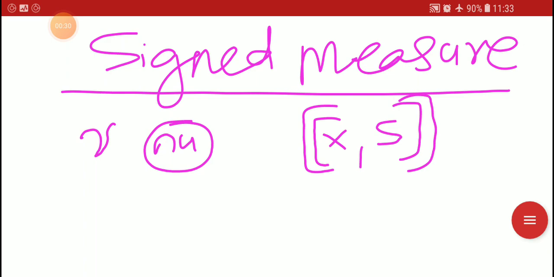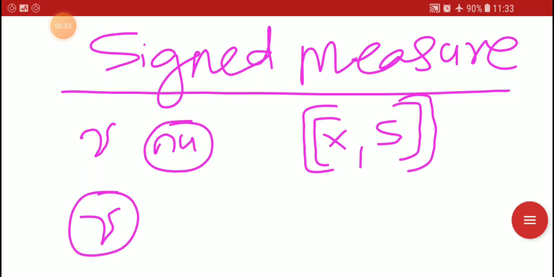It is said to be a signed measure if the values of nu are extended real numbers. That is, nu has at most plus infinity or minus infinity.